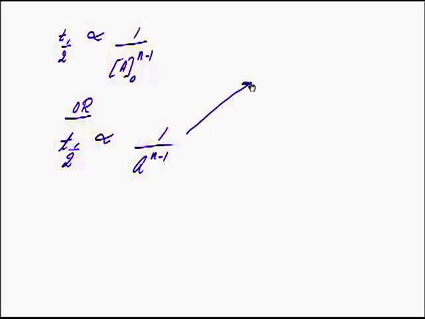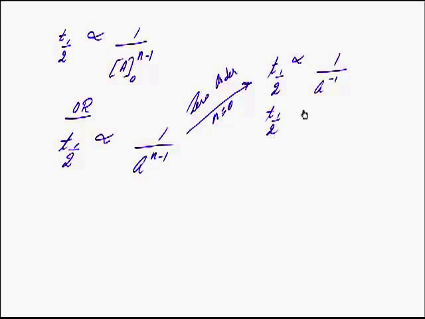So for example, for a zero order reaction, n is equal to 0, and hence t half will be proportional to a raised to 0 minus 1, which is minus 1, and hence t half is directly proportional to a, that is the initial concentration.